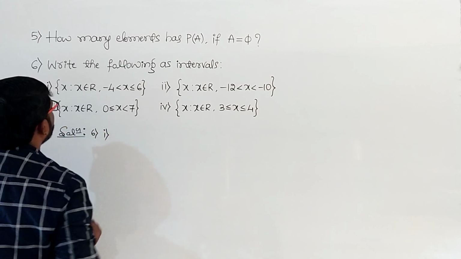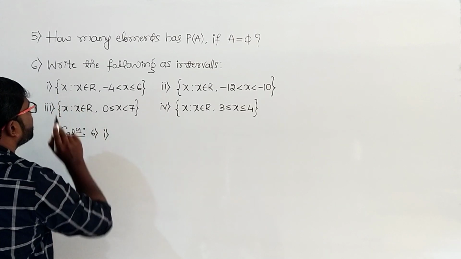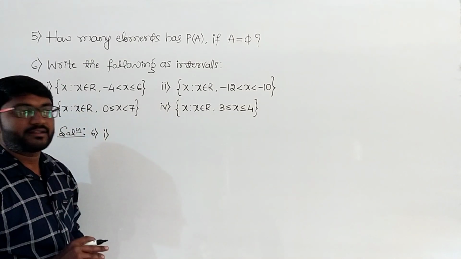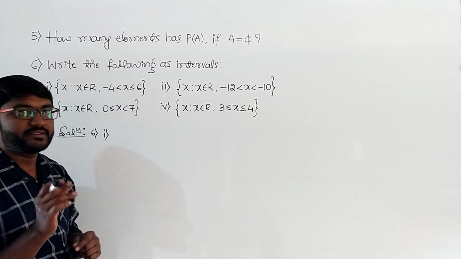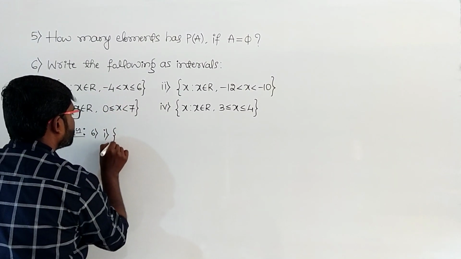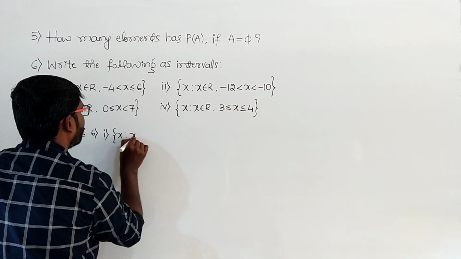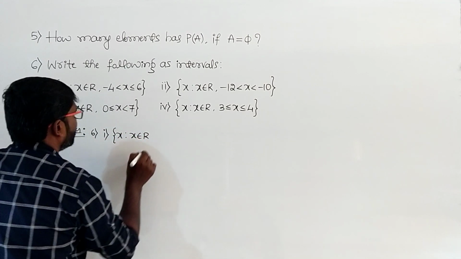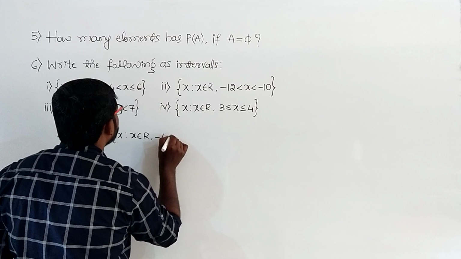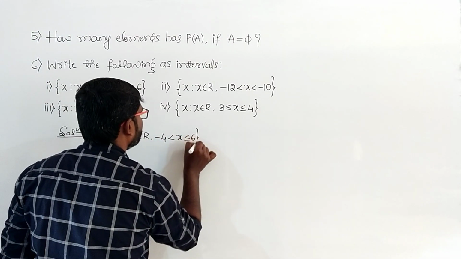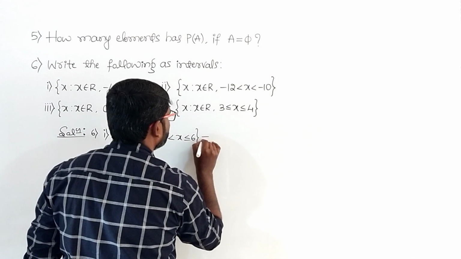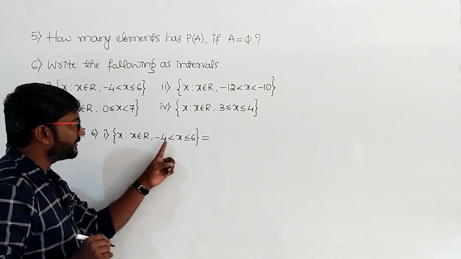Sixth one. Roman number 1, see here, x such that x belongs to R, and then x greater than minus 4 and less than or equal to 6. So this is equal to, so here it is only x greater than minus 4.